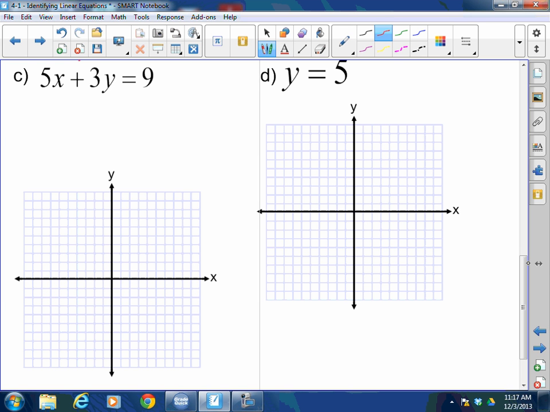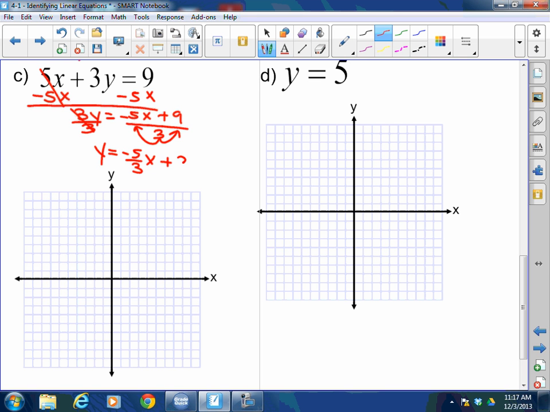Y must be alone. So I'm going to subtract 5x from both sides. And I have 3y equals negative 5x plus 9. I'm going to divide by 3 on both sides. Please remember that the 3 gets divided into the negative 5x and the 9. So this will be left as negative 5/3 x plus 3.